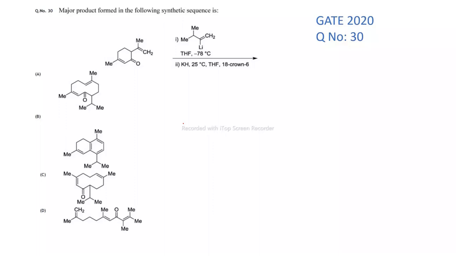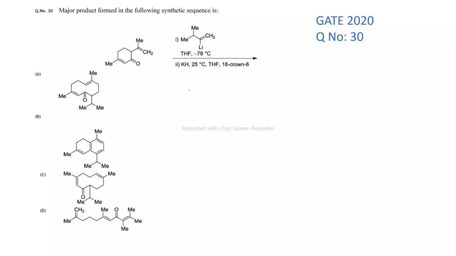The question is from GATE 2020, question number 30. The major product formed in the following synthesis sequence is: first this is our substrate. First reaction with organolithium compound in THF at minus 78 degrees centigrade, and the next step is potassium hydride at 25 degrees centigrade in THF, using 18-crown-6.